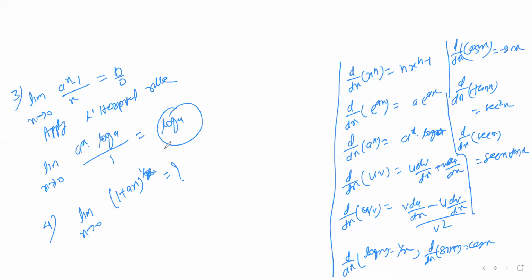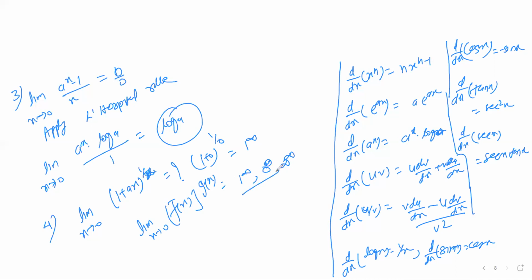If you substitute, you will get 1 plus 0 to power 1 by 0, so you will get 1 to power infinity. Whenever it is given x tends to 0, f of x to power g of x, and you got an indeterminate form like 1 to power infinity, apply log on both the sides.